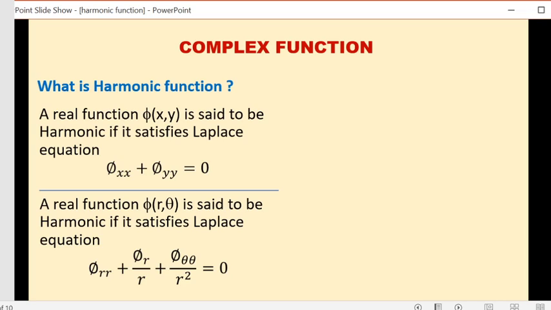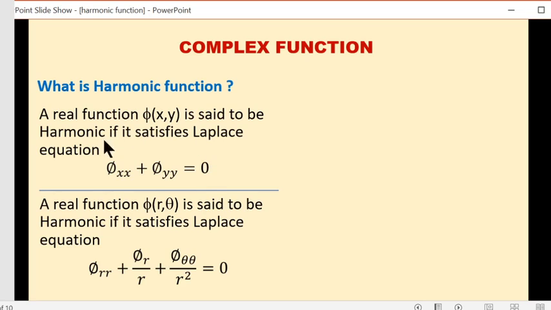Okay, thank you. So let's start with today's lecture. In the previous lecture, we have seen how to show that a given function is harmonic. A given function is harmonic if it satisfies the Laplace equation.